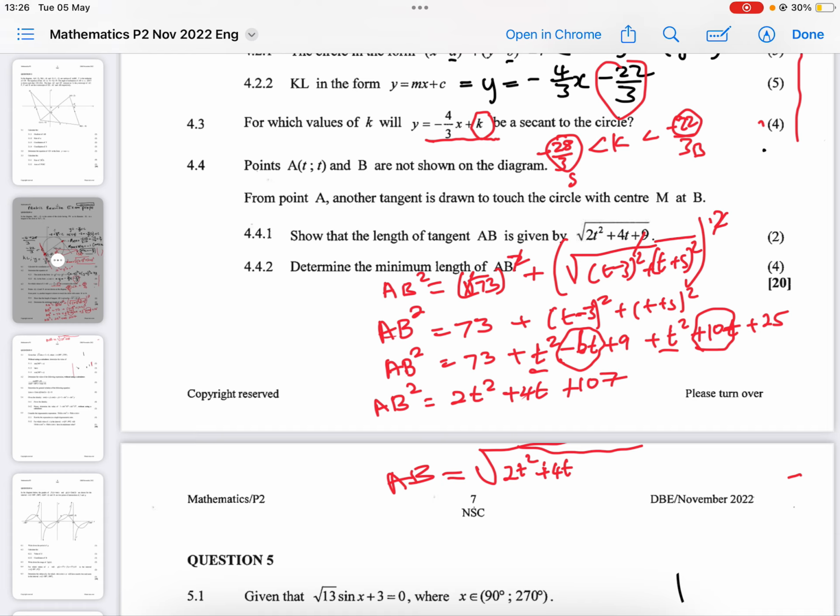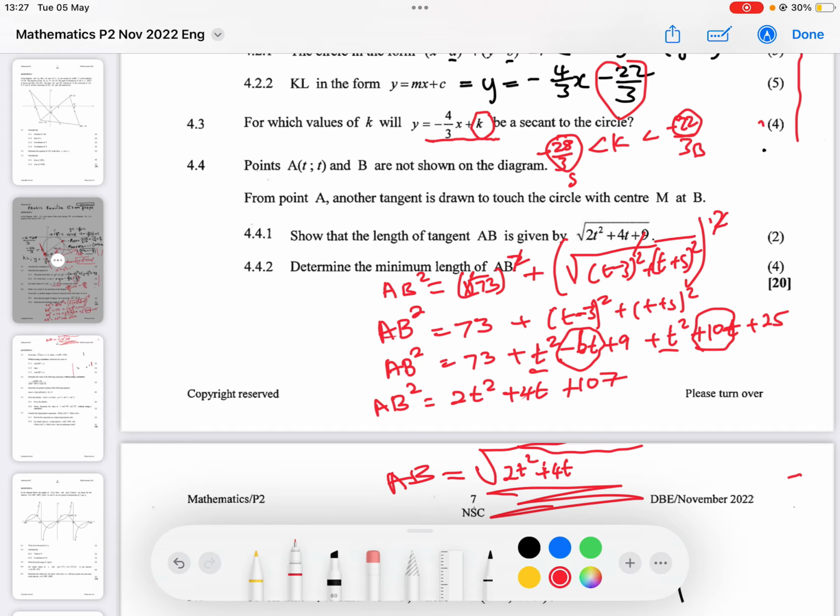I'm sure you're going to check where I made a mistake, but you can see the process is the right thing. With regard to the constant, there's a mistake somewhere, I didn't see where I went wrong. Now here they say determine the minimum value of AB.